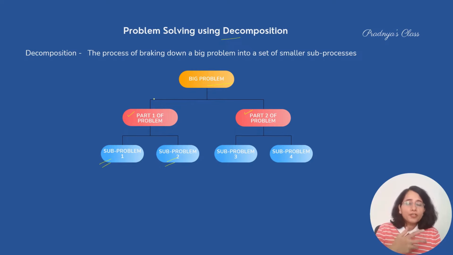Suppose you want to design a video game like Minecraft, you use the decomposition technique to divide the work like game design, programming, art, video. This would make it easy for you to form the team and assign the work to them. So in this way, decomposition helps to solve the problem by breaking down the big problem into smaller ones.